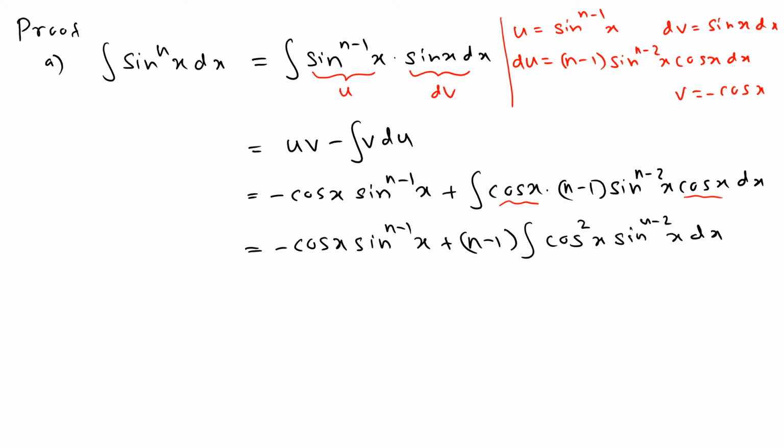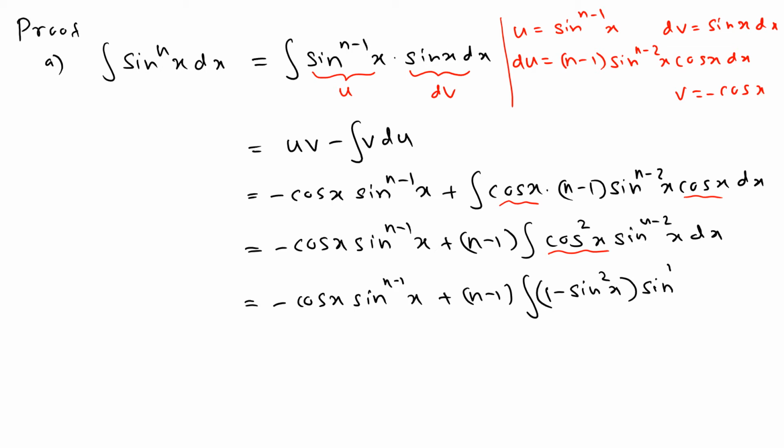Now cosine squared, from the Pythagorean identity, we can write this one as 1 minus sine squared. So negative cosine x sine^(n-1) x plus (n-1) times the integral of (1 minus sine squared x) sine^(n-2) x dx. Now we can distribute them into two integrals.